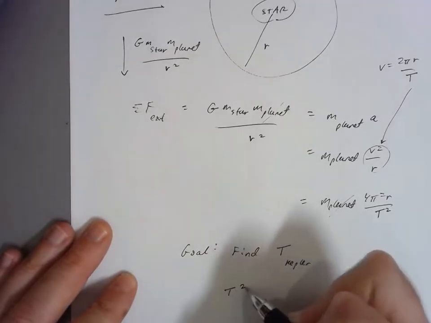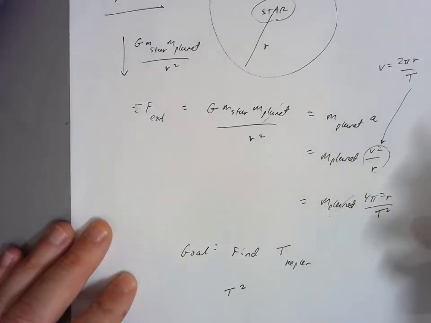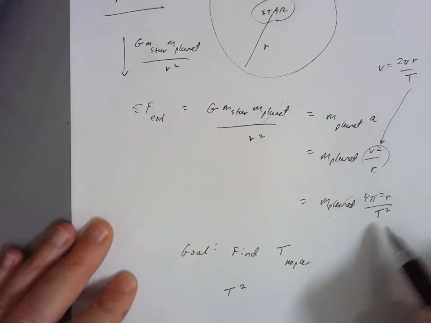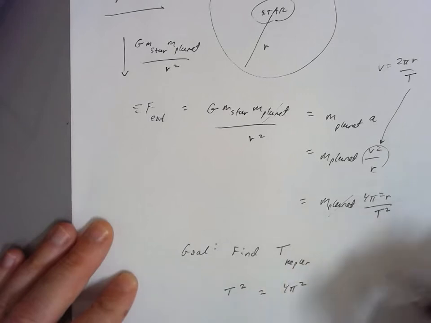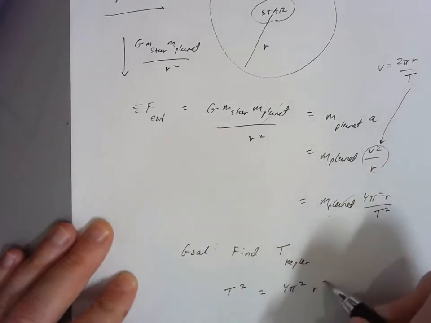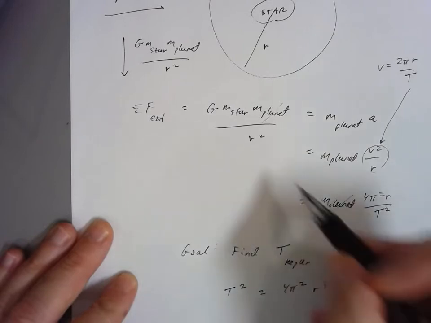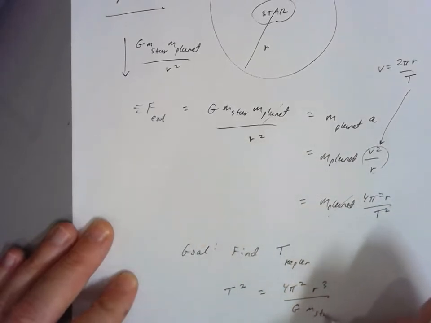Remember, this net force equation would apply to any planet, Kepler or the Earth, orbiting around its star. So I'll put T squared on the left. On the right, that's going to give me 4 pi squared. When I multiply r squared by r, I get r cubed, and then I have to divide all that by big G times the mass of the star.